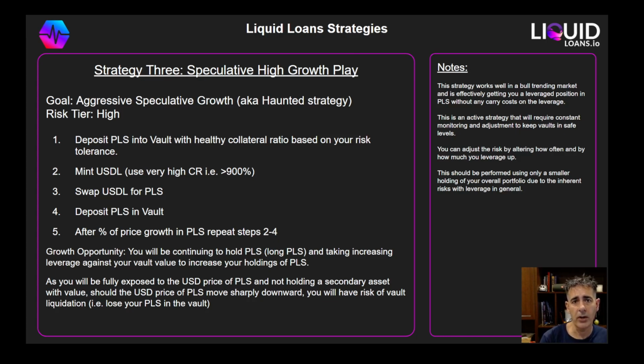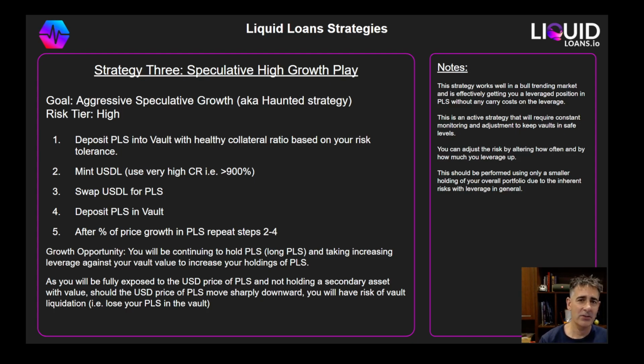You have to pay a certain percentage every day for that leverage that you've achieved from the exchange. Now, the beauty of Liquid Loans is we don't have any interest on our loans, so that's effectively a carry-free cost. Obviously, every time you take out a bit more of a loan, you have to pay the loan fee, but there's not an ongoing interest expense in this system. So that is pretty unique and pretty clever.